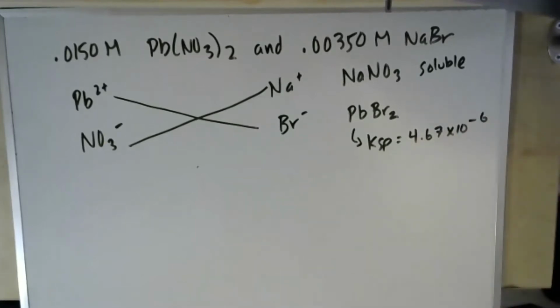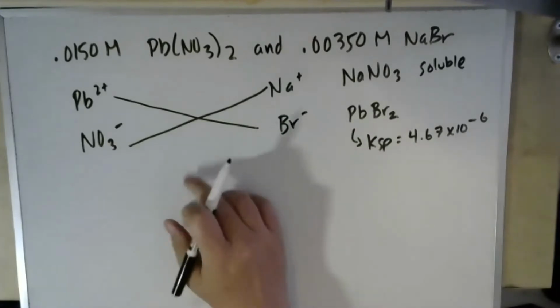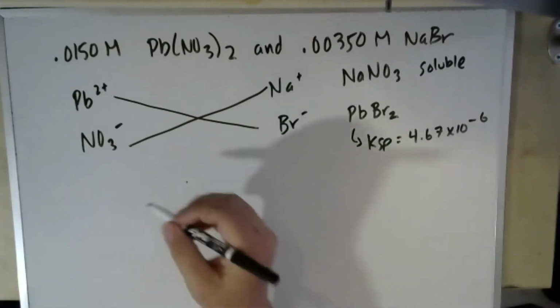Okay, so to figure out if a solid is going to form, we're going to calculate Q and compare it to KSP. And we're going to figure out whether the precipitate forms based on this. Okay, so how are we going to calculate Q?